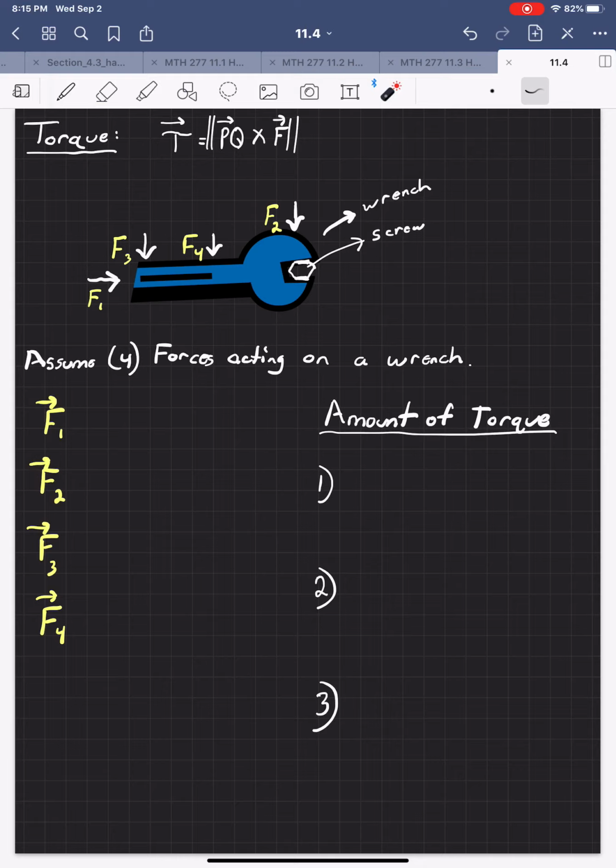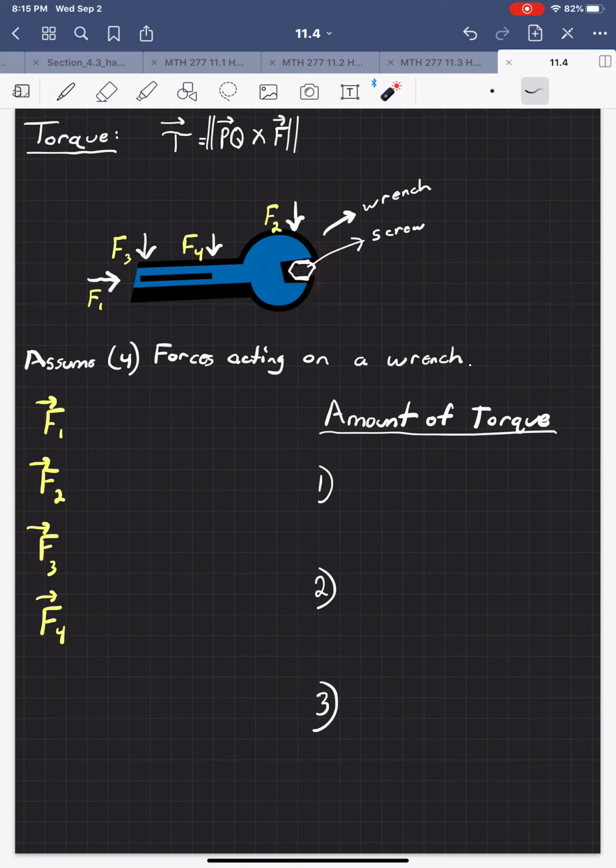But let's start with a working definition. Torque is the measure of how much a force is acting on an object that causes it to rotate. So in this case you have some type of wrench, and this is a horrible screw, but anyway, you can see the wrench is being applied to the screw.